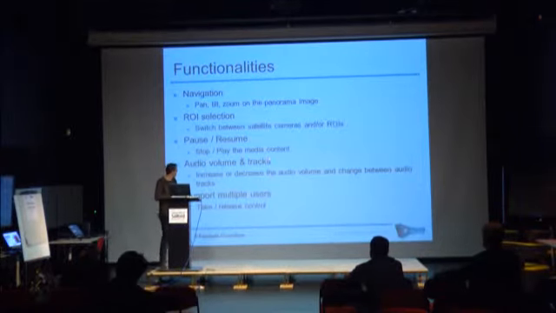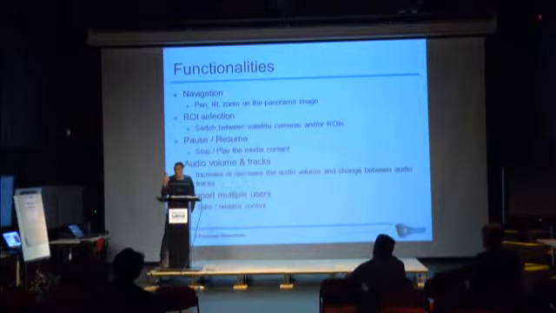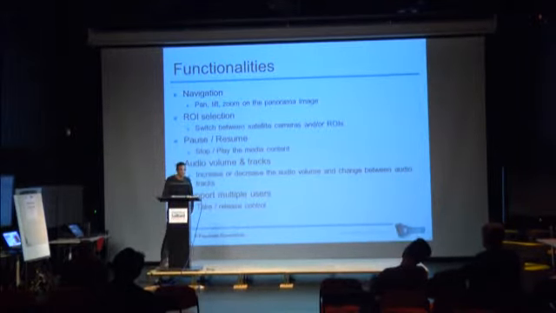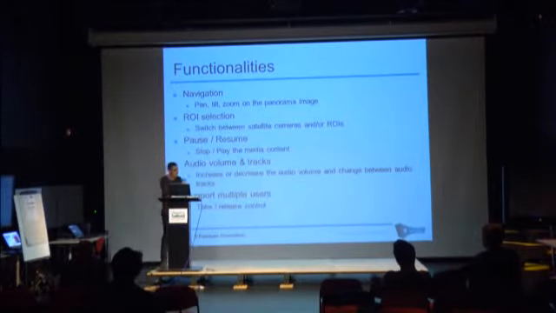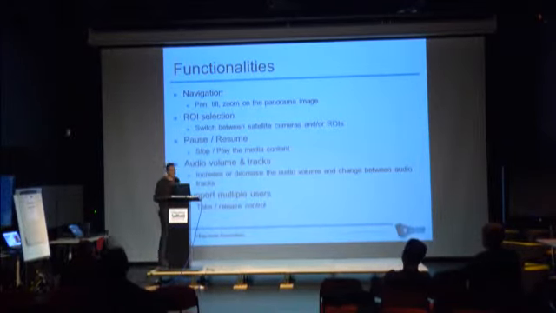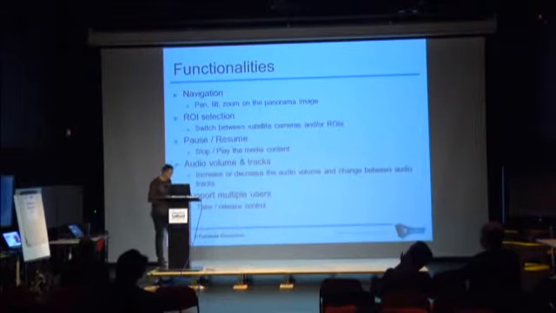So if there are different commentators in the track, the user will be able to change between them. And also the system supports multiple users, so there will be a way to take control of the system, the same as we do at home with the remote control. The one who has the remote control is the one with the control of the interaction. And then, because there is no device, there will be a way to change this.